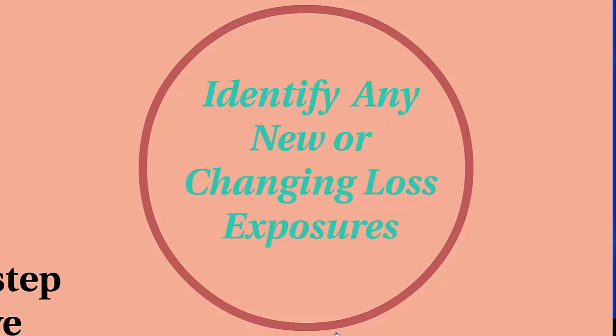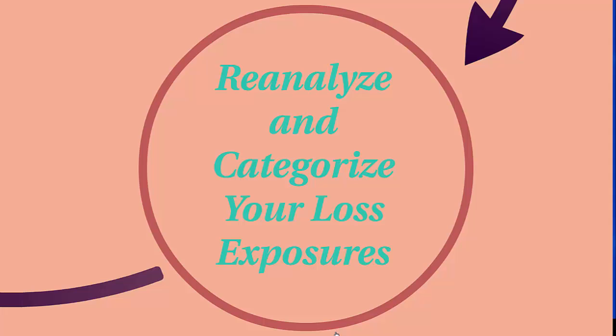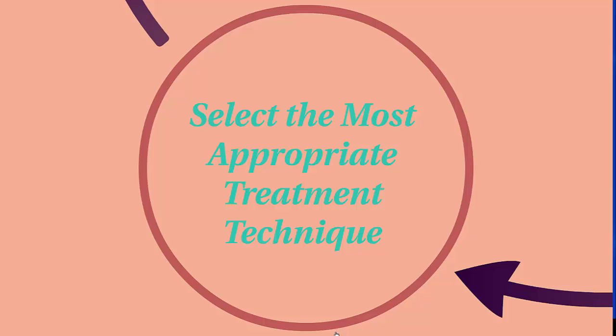For most families and organizations, things are constantly changing. You might buy a new piece of equipment, you might acquire new employees, and therefore you have new risks to control. Plus, the environment around you is changing. And you reanalyze and categorize your loss exposures. And then again, you select the most appropriate treatment technique.